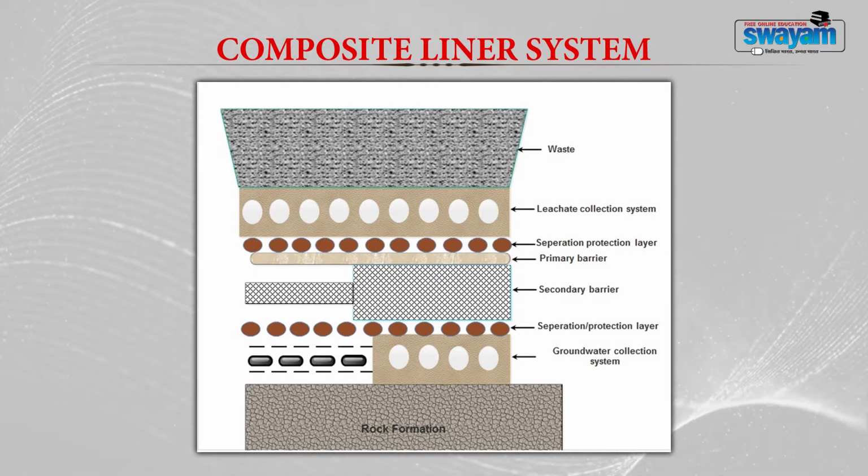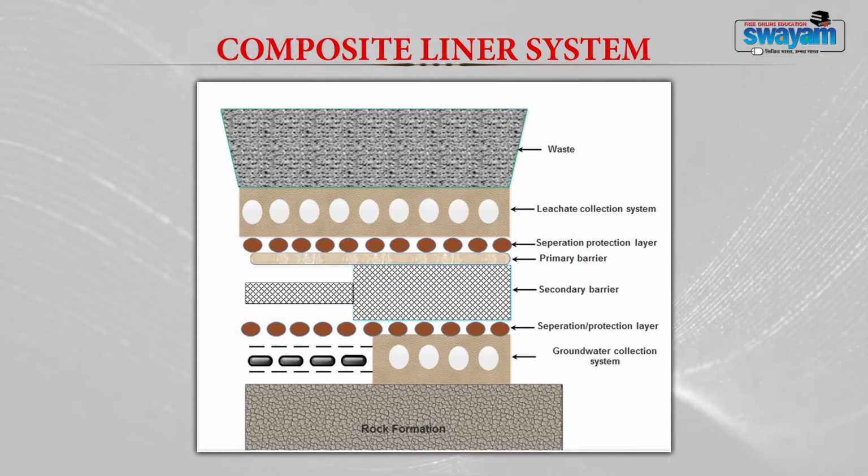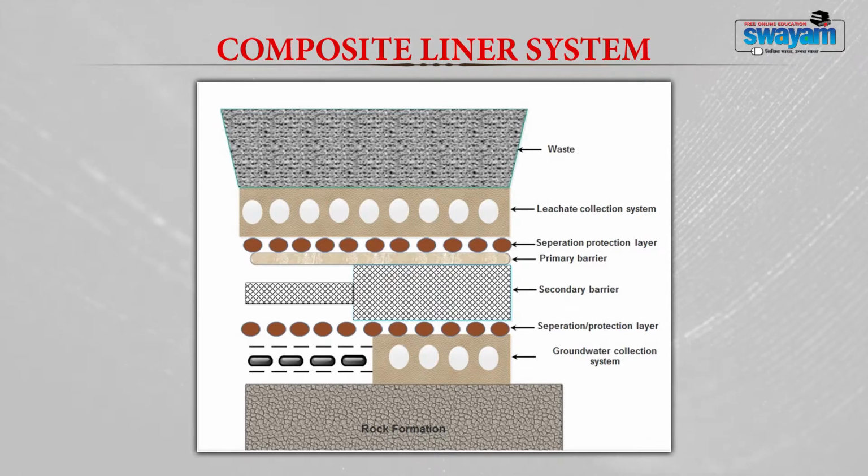Then you have a primary barrier and a secondary barrier. The primary barrier is a synthetic flexible membrane which can be LDPE, HDPE, PVC etc., and the secondary barrier is your clay. The primary barrier and secondary barrier on either side are again protected by a separation layer, and below this you have a groundwater collection system which generally consists of gravel lined with geonet.